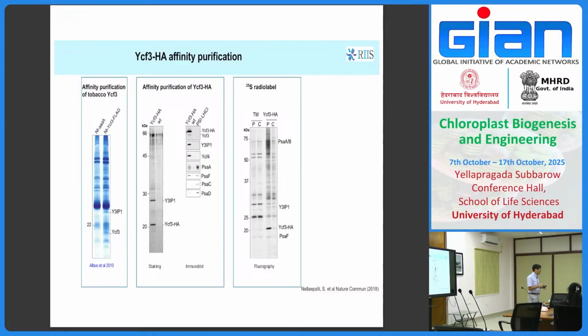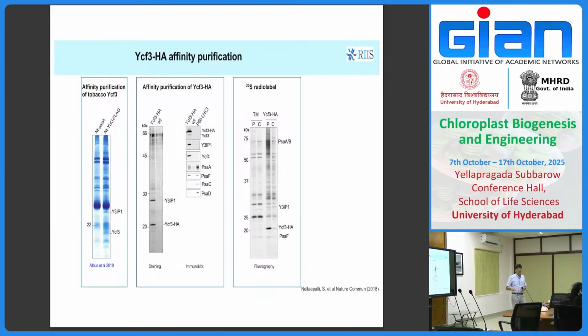The steady state level of PS1 is small, but this small amount of PS1 is turning over very rapidly. So only newly synthesized PS1 associates with YCF3, or YCF3 associates only with newly synthesized PS1.